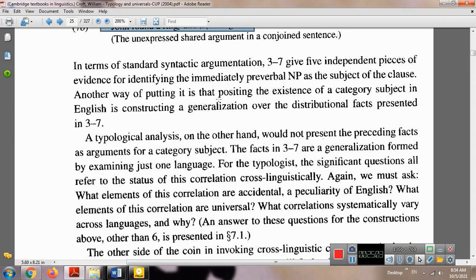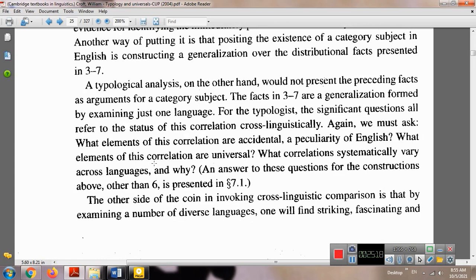Another way of putting it is that positing the existence of a category subject in English is constructing a generalization over the distributional facts presented in 3-7. A typological analysis, on the other hand, wouldn't present the preceding facts as arguments for a category subject. The facts in 3-7 are generalizations formed by examining just one language.